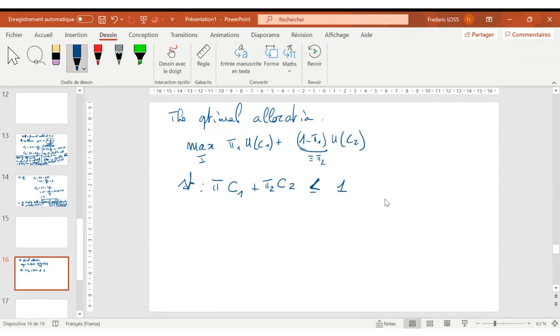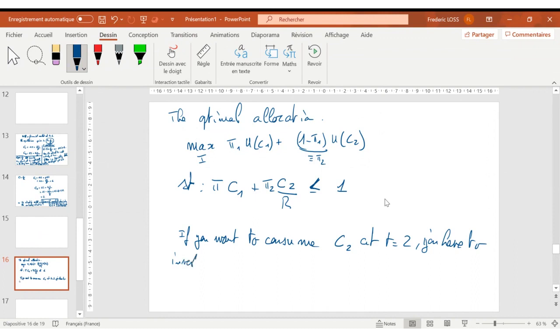But actually here you divide by R. Why? Because if you want to consume a quantity C2 at T equal to 2, you have to invest an amount C2 over R at T equals 0.